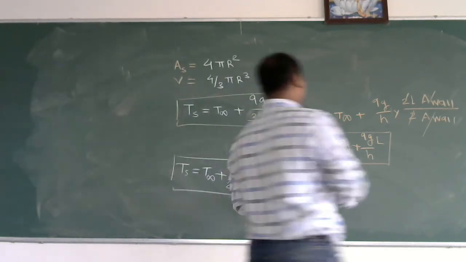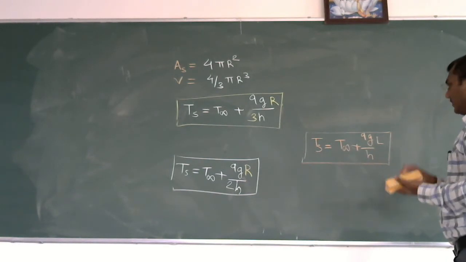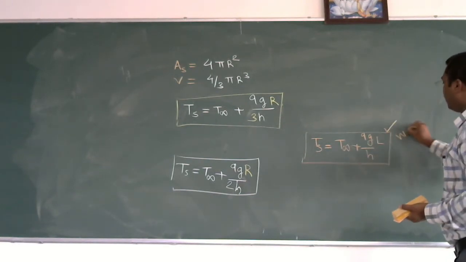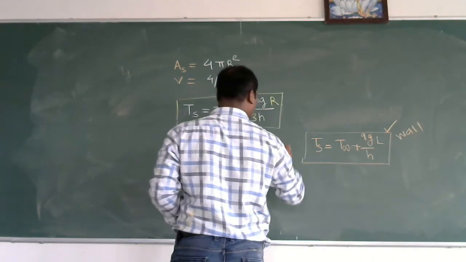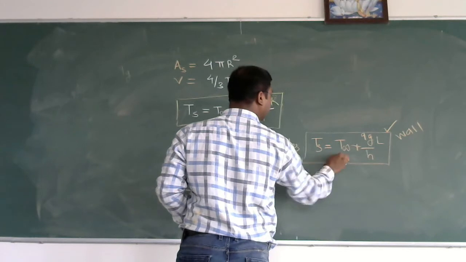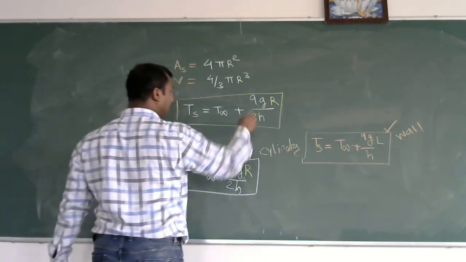Now you have all three equations. The first equation is for the wall, the second for the cylinder, and the third for the sphere: T infinity plus Qg L by h, Qg r by 2h, and Qg r by 3h.